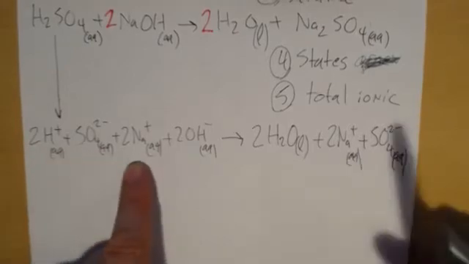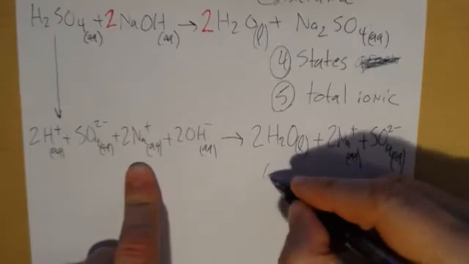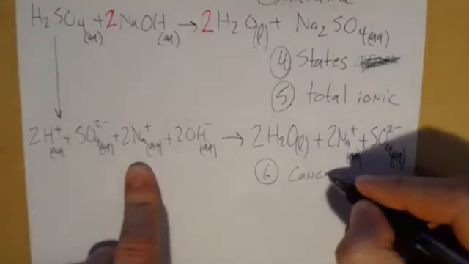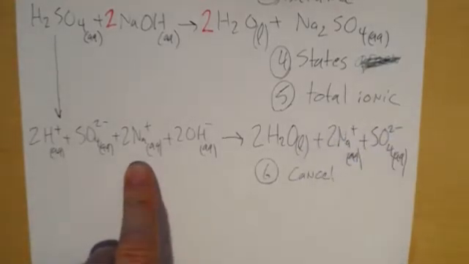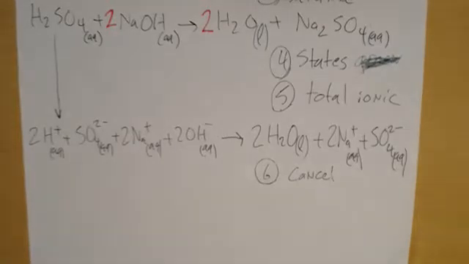So now, step 6, cancel spectator ions. What cancels here? What's aqueous on both sides? Someone said SO4, absolutely, gone.